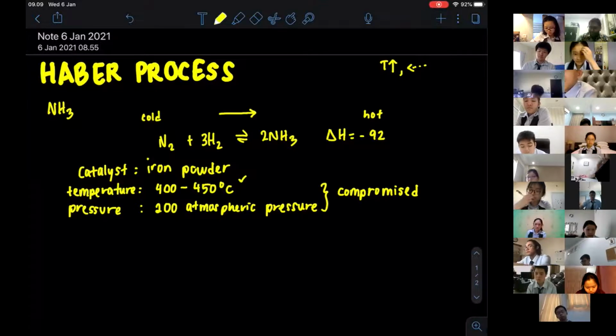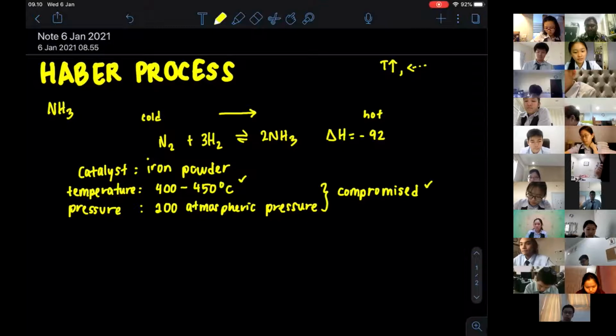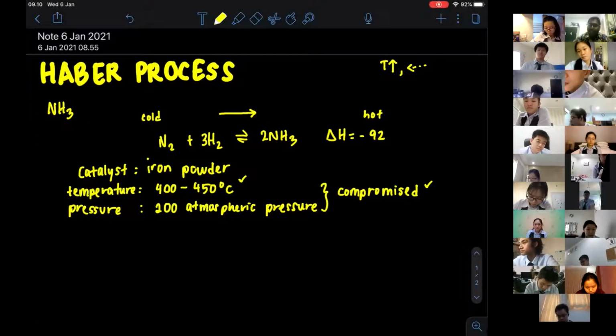Therefore, we need to come to what we call a compromise condition. The temperature must be low, but not too low, so it's still a bit in the middle. If too high is maybe 2000 degrees Celsius, then compared with that standard, 450 is considered low.